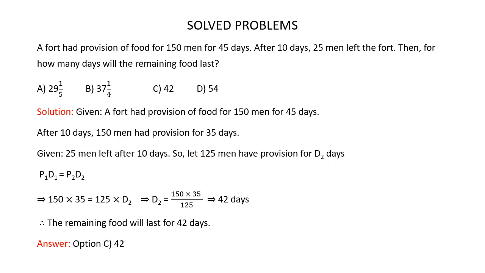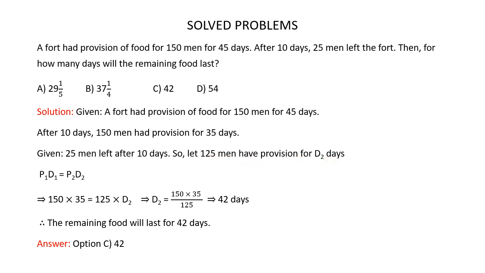Now, since the amount of provision is the same in both these cases, use the formula P1D1 is equal to P2D2. Here, P1, the number of persons is 150 men, and D1, the number of days is 35 days. P2, the number of men is 125 men, and D2, the number of days we have to find out.